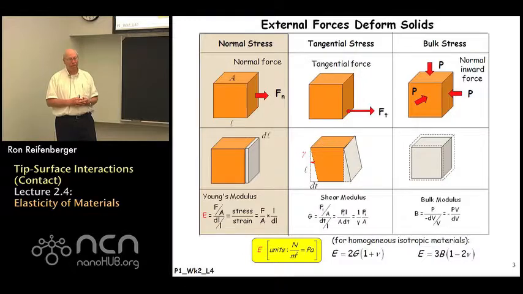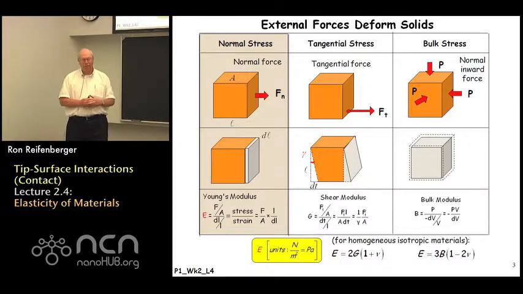So to begin with this review, let me remind you that there are basically 3 types of external forces that deform solids. One force is a force that's applied normal to a cube of material. We assume that the cube has a cross-sectional area A. We apply a normal force, as indicated in the first panel in this slide. There are 2 other deformations and forces that can be applied.